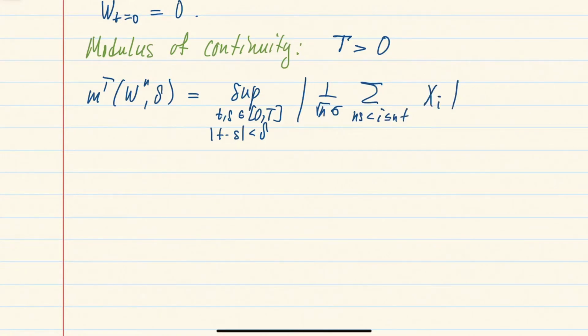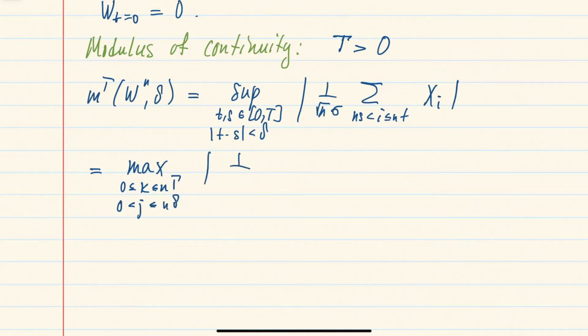Now let's write this supremum as a maximum over all possible integer starting points and ending points for this sum. So really what this means is that we have to take any integer between 0 and n times capital T. And then the increment should be at most size delta. So in other words, we take any integer up to n times delta, right?